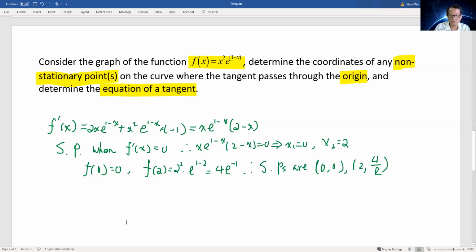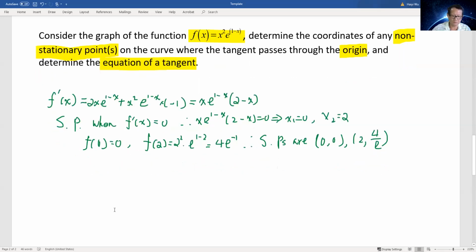Now that we have determined the stationary points, we are going to find a tangent, meaning a tangent of this curve passing through a non-stationary point and the origin. We don't know what the non-stationary point is, so we need to decide that non-stationary point first.